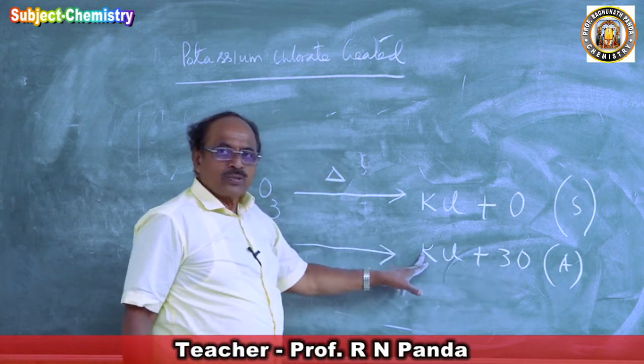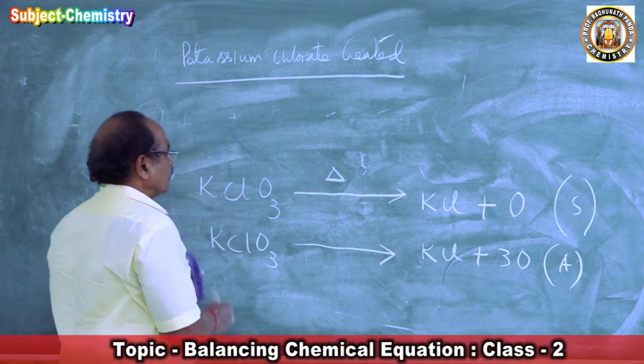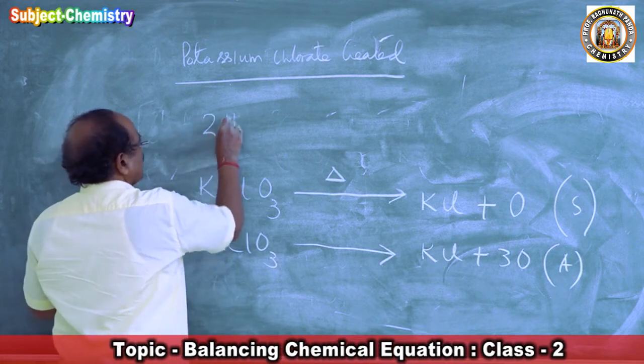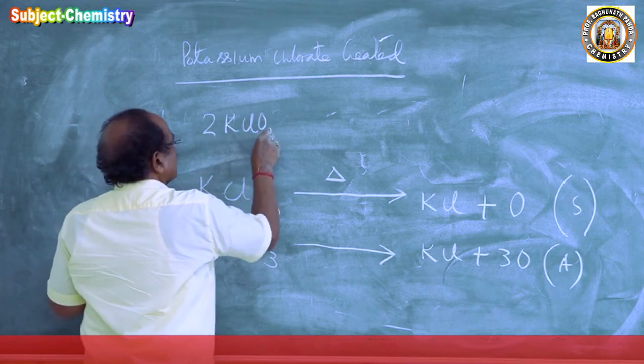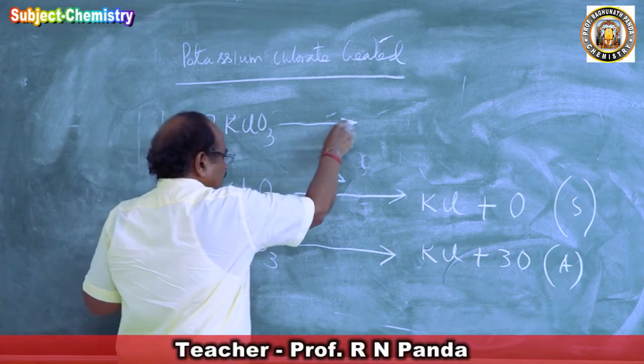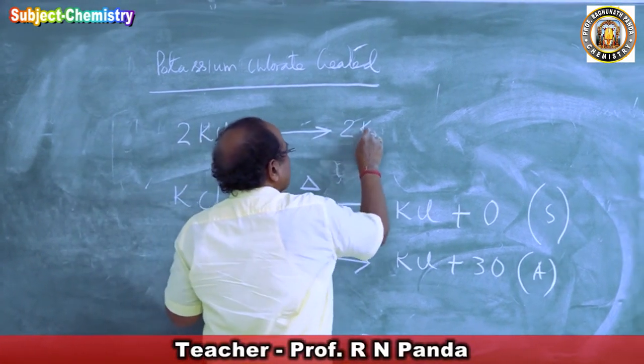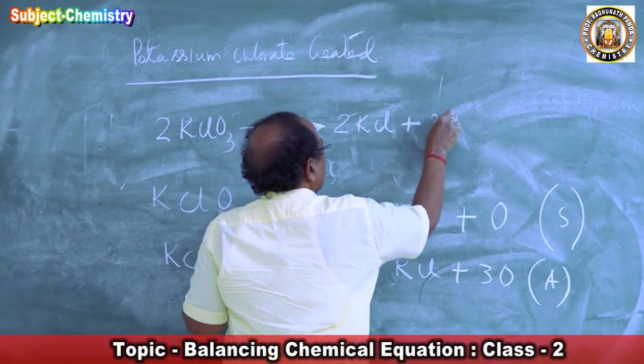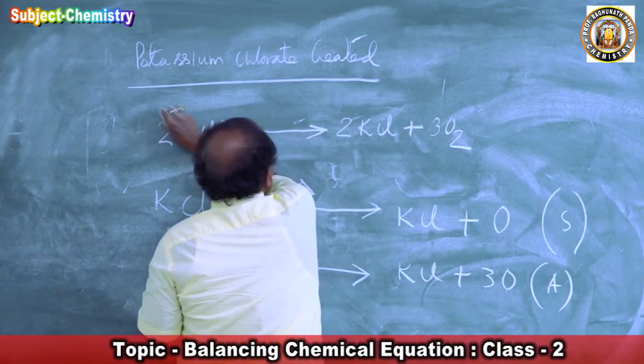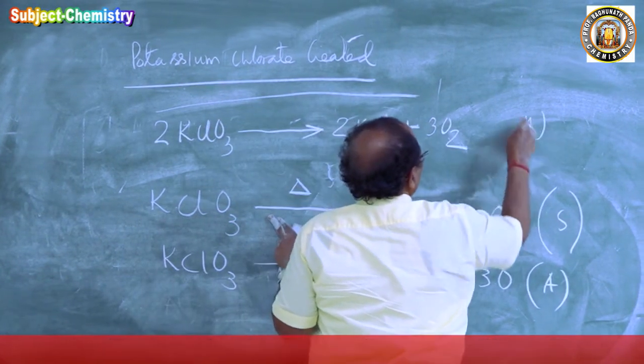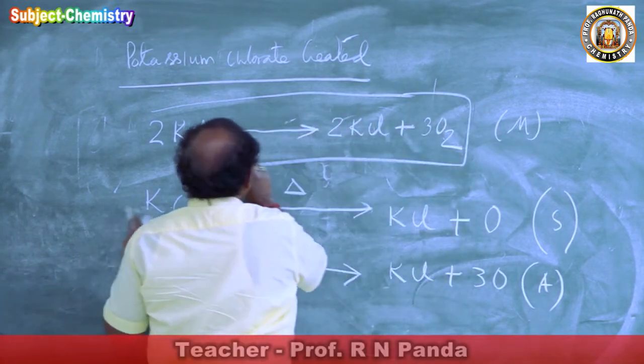I will multiply this by 2, and this by 2. So now 2 KClO3 will form 2 KCl plus 3 O2. We got the molecular form of the equation. This is the balanced chemical equation.